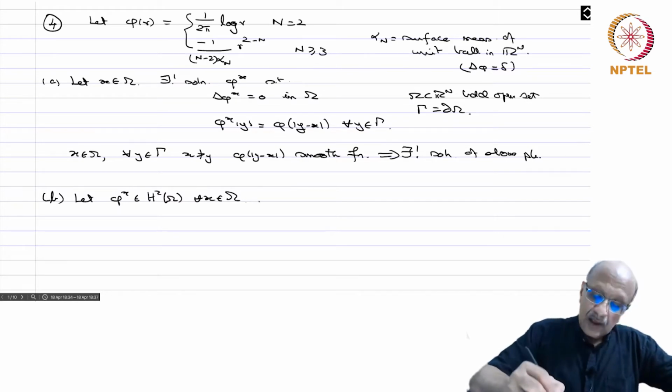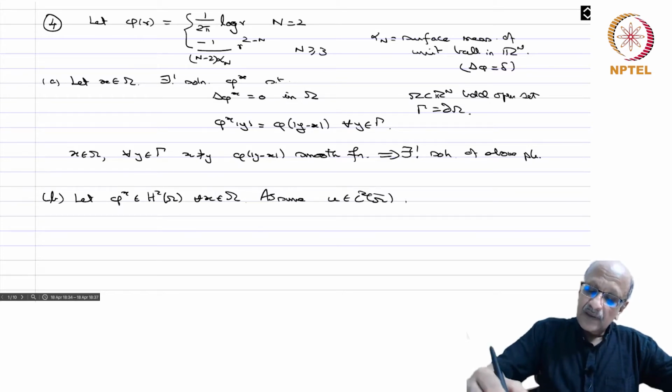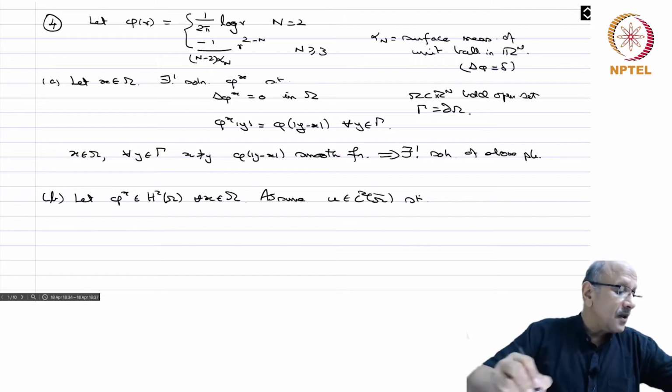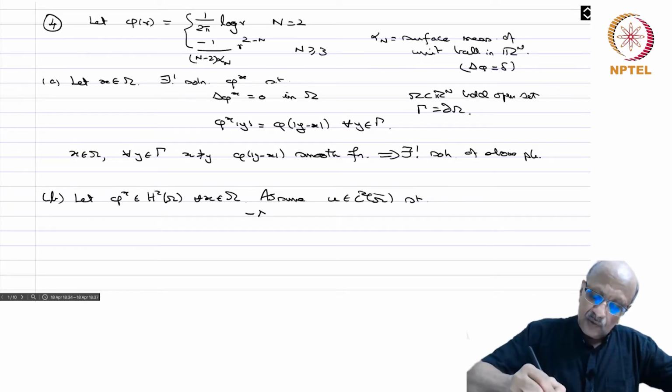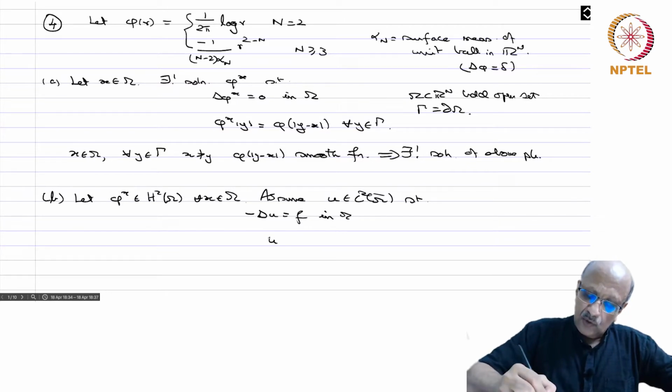Okay, assume u is in C2 of omega bar such that minus Laplacian u equal to f in omega and u equal to g on gamma.